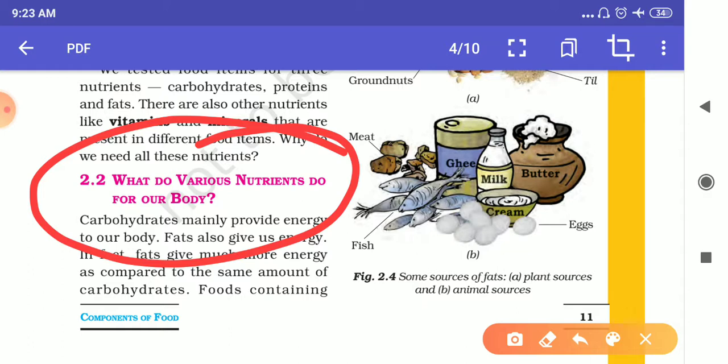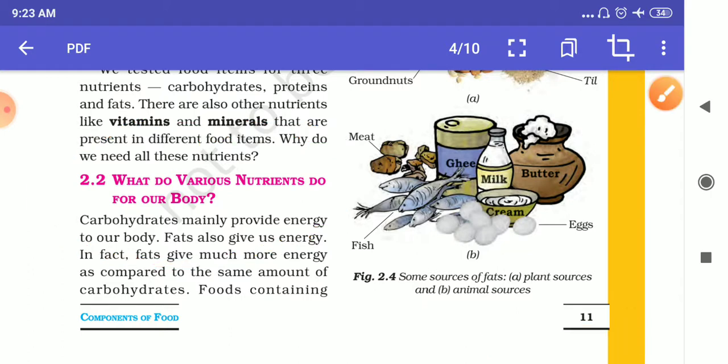carbohydrates and fats. Both these nutrients, that is carbohydrates and fats, provide us energy. The food items containing carbohydrates and fats are called energy giving foods because they provide us energy.